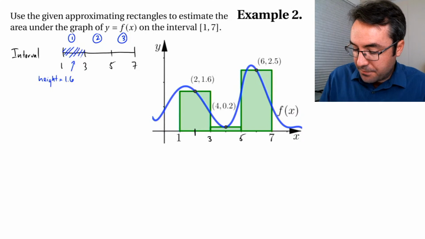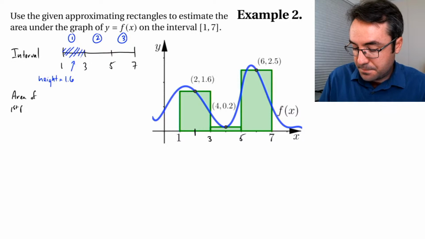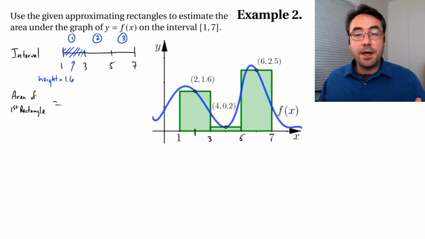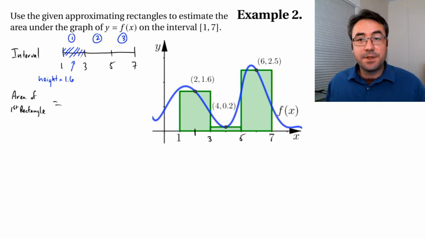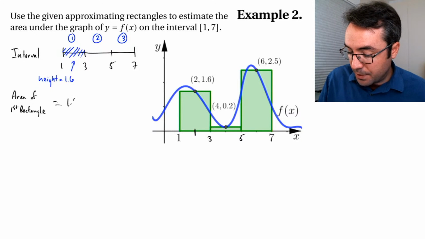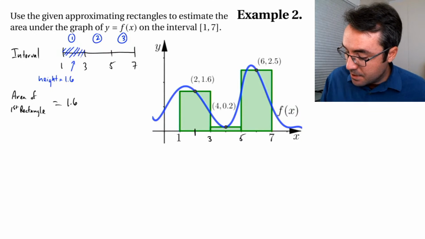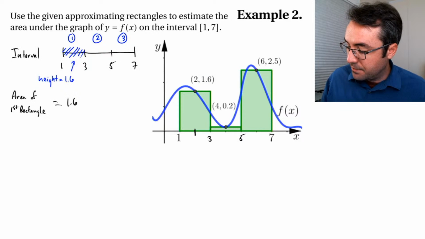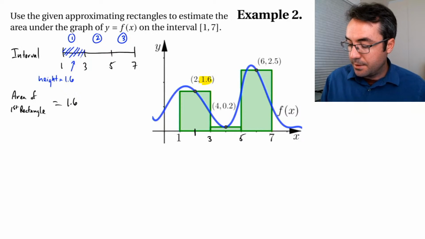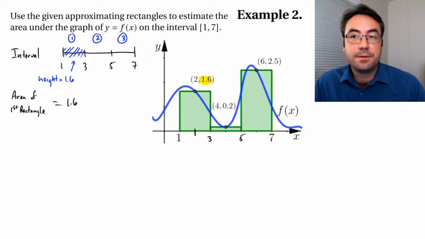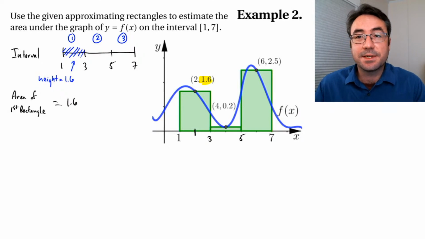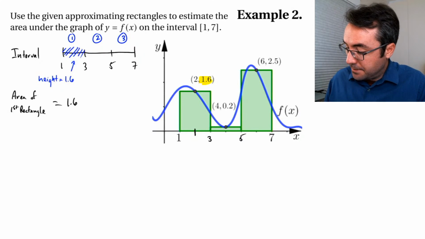To get the area for that first rectangle, it's going to be height times width. What's the height of our rectangle? Well, we said it's 1.6, because we're reading off of this point here on our curve, and the y value is the height, 1.6.